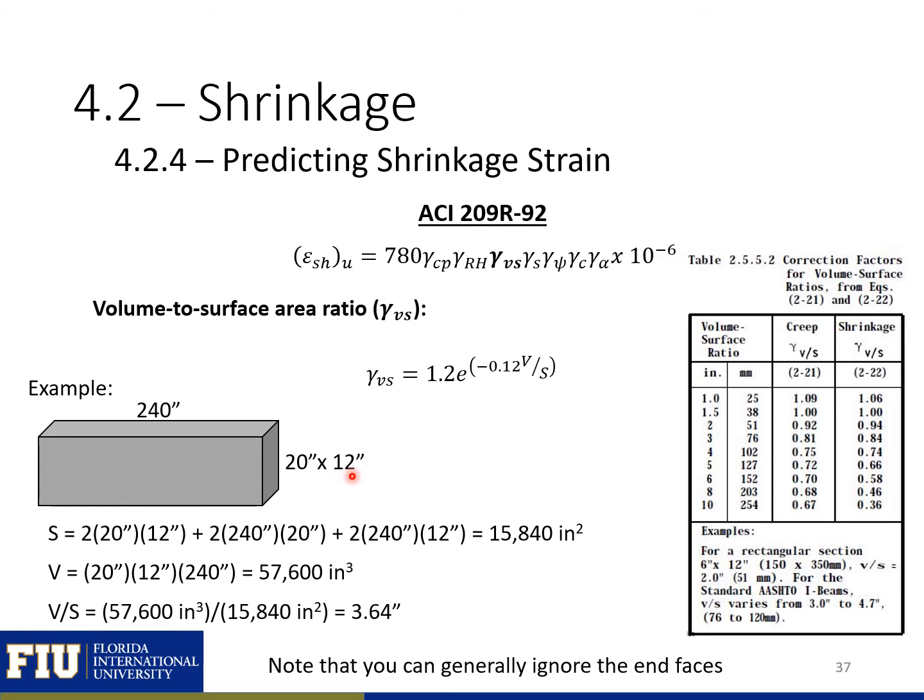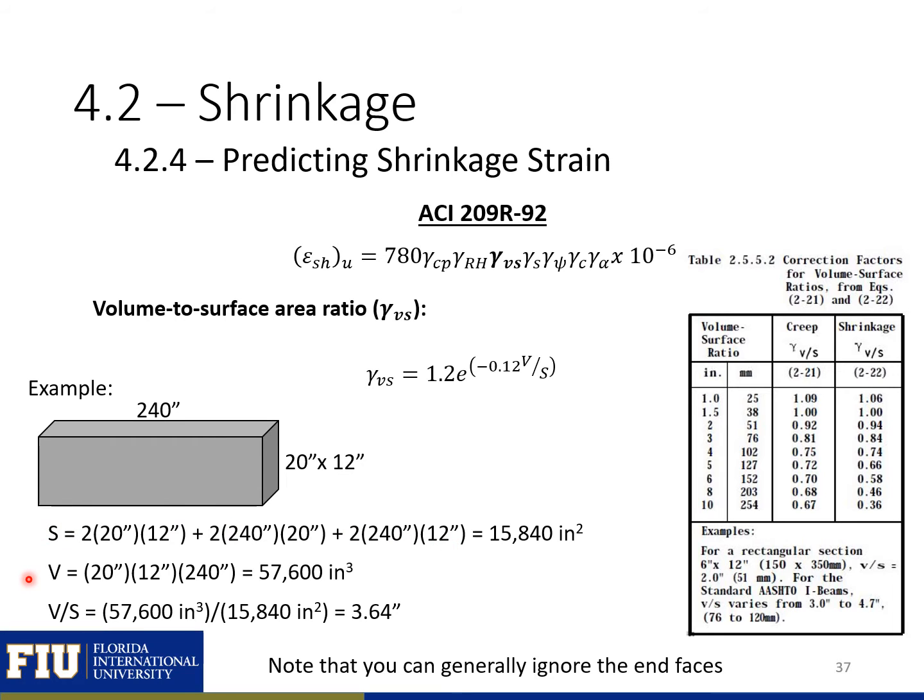So I'm going to show here how we can find it for this rectangular beam, which has a cross-sectional area of 20 by 12 and a length of 240. So the first thing that we can do is find our surface area, taking into account our two ends with area of 20 times 12, our two sides with 240 times 20, and the top and the bottom with a size of 240 times 12.